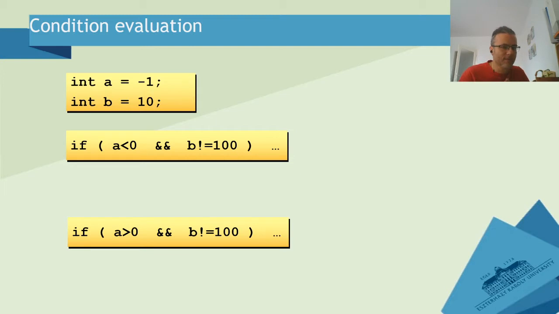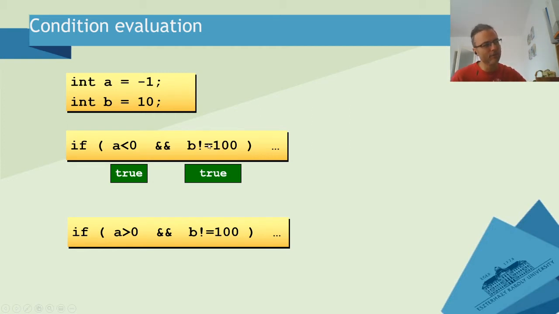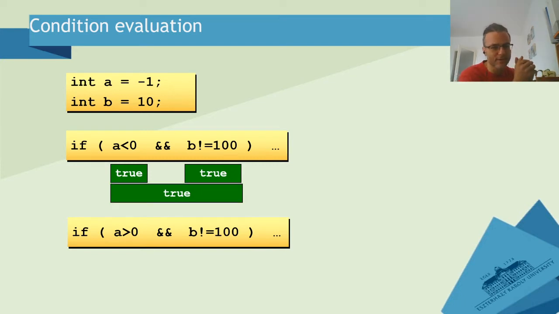True? Yes, I guess it is true because both conditions are true, right? A is less than 0, and B is not equal to 100. B equals 10, so it's not equal to 100. So that condition is true. Since we are using logical AND, the result here is true. Okay, you are good.